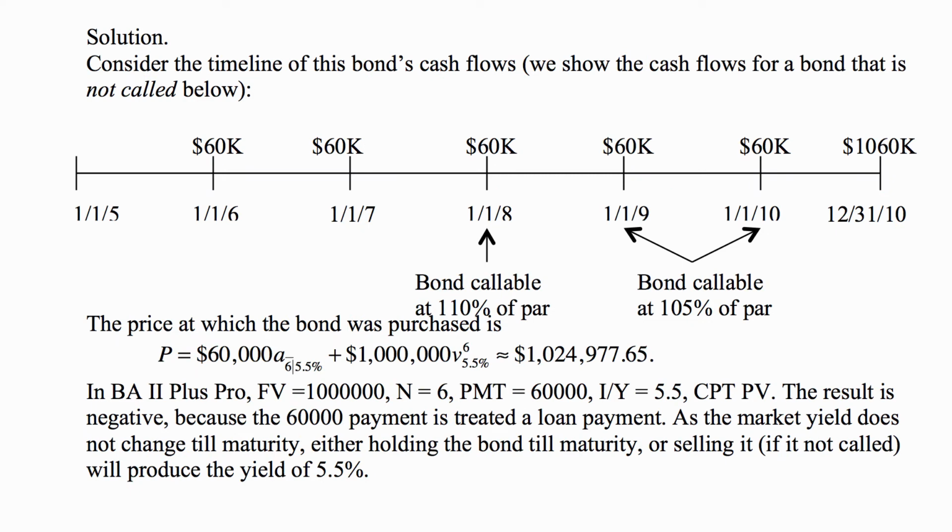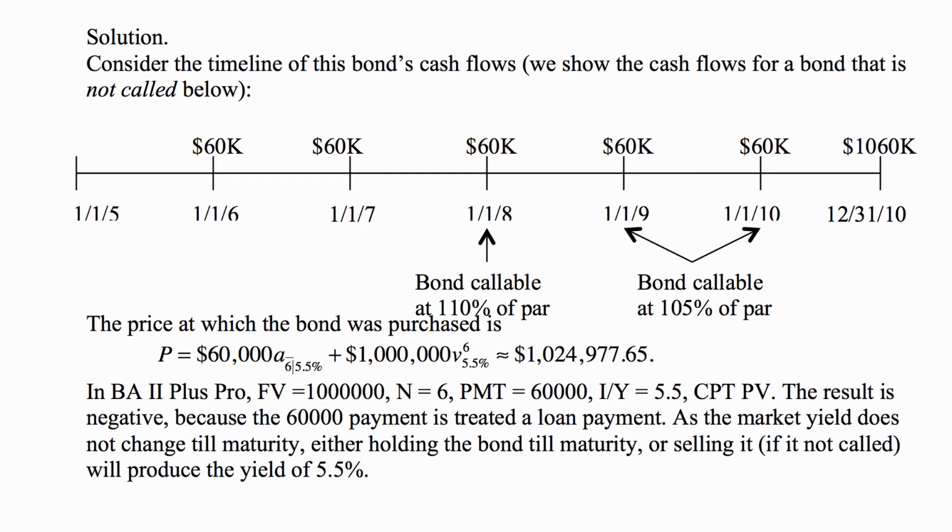Consider the timeline of this bond's cash flow. What you see here is cash flows for a bond that is not called. The cash flows are $60,000 on January 1st, 2006, 2007, 2008, 2009, 2010, and then the return of $1 million plus $60,000 on December 31, 2010, at the end of 2010.